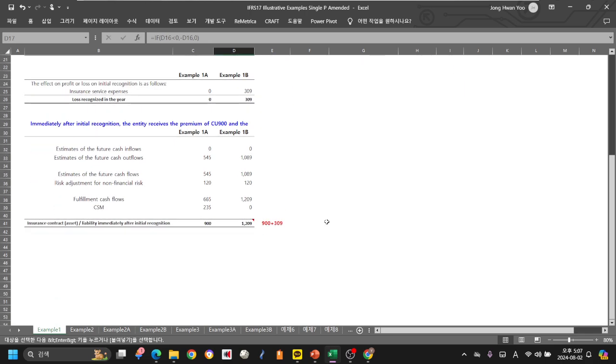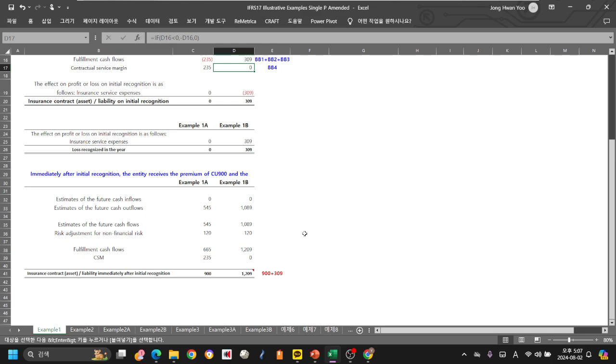So I'm giving you another interesting example. What if you received a single premium of 900, and immediately after the reception of the premium, we do the subsequent measurement in this case, right? This is pretty much theoretical, but it could be possible.